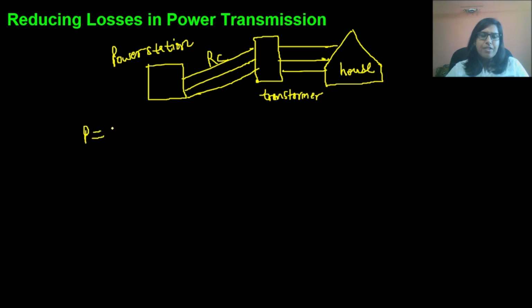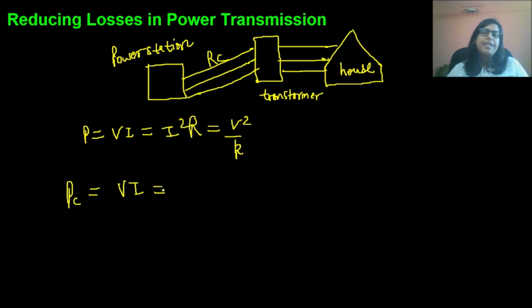So we know P equals V into I, or I square into R, or V square upon R, right? So the power loss in these wires, say PC, will be I square into RC.